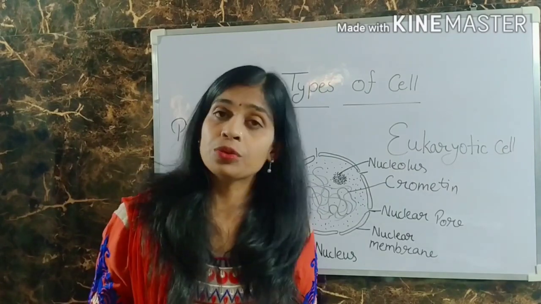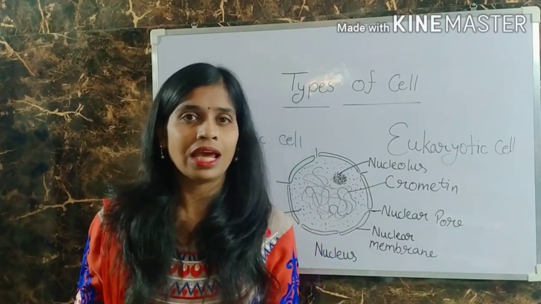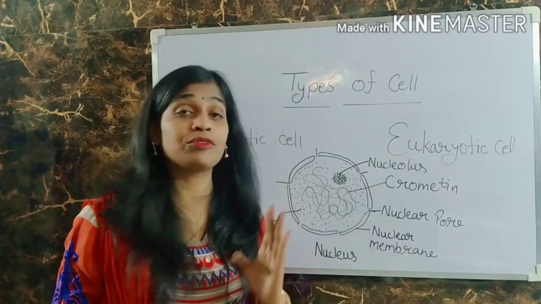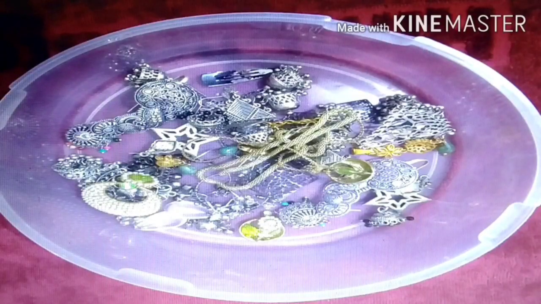Now I want to show you the images that will help you to understand the concept very well. Here you are seeing a picture of a box, and in that box there is scattered jewelry. Here and there the jewelry is scattered, not in a proper form and not compiled.